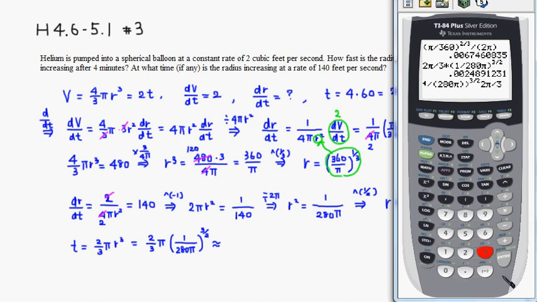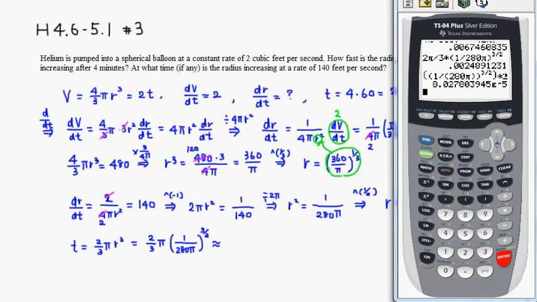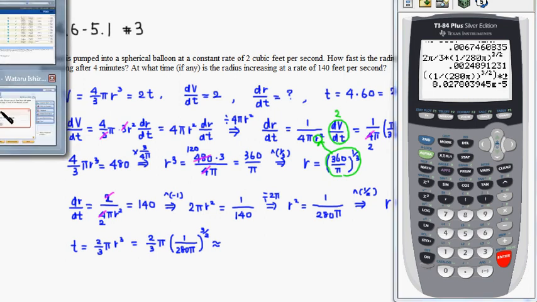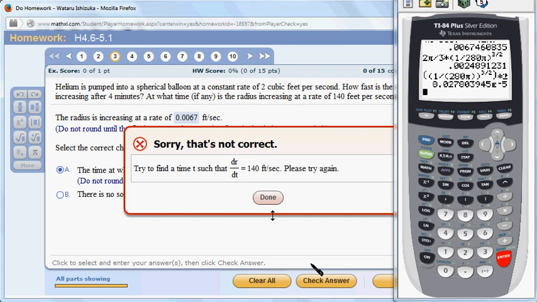Right, so let's type it up. All right, so it's actually a small number, so it's going to be 0. and you're going to have 5 zeros. All right, so type that in. All right, so done.